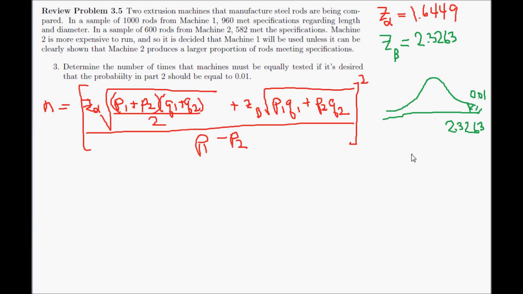Okay, now let's refresh our memory. From part 2, we had that P1 was equal to 0.95, while P2 was equal to 0.975, and the Q values, as always, are equal to 1 minus the P values.